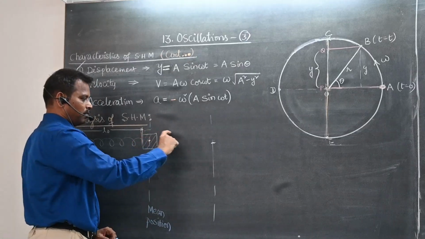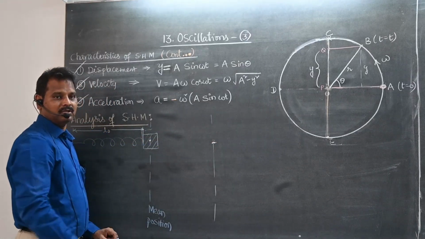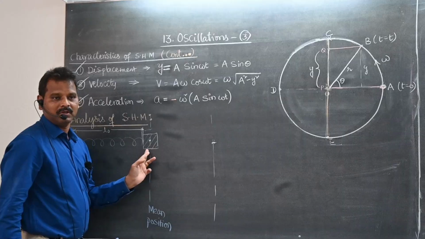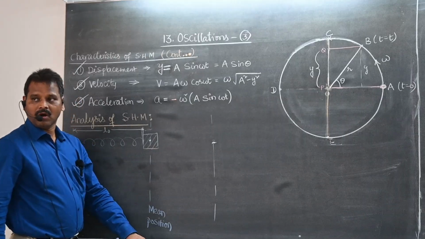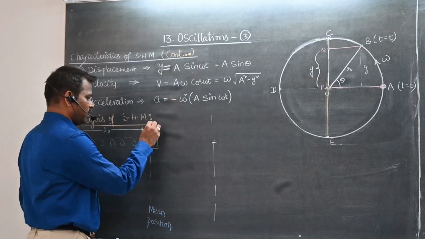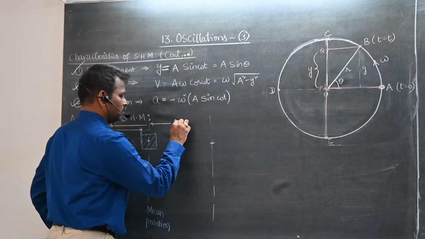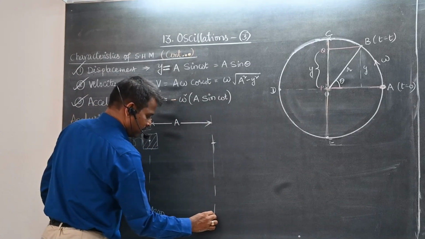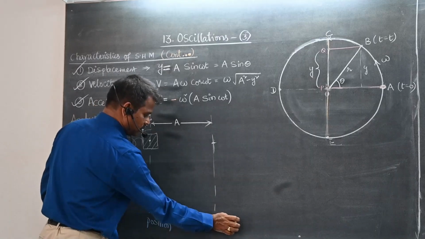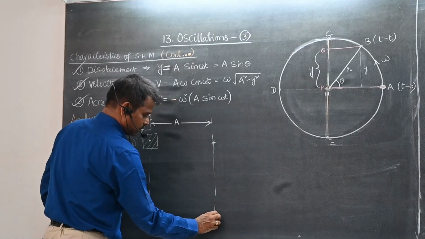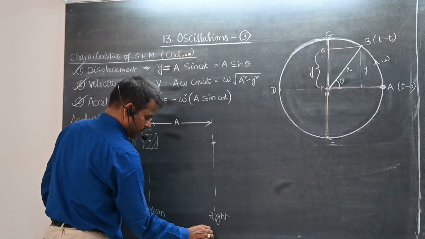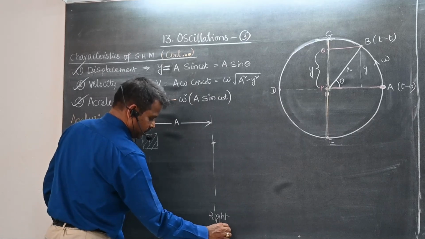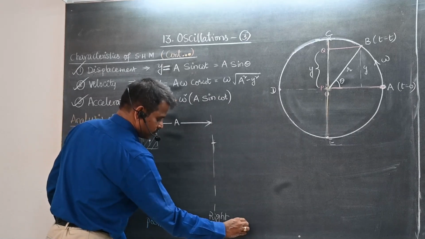I move this block from here to here and then release it. What is this maximum displacement? Can I call it amplitude? Can I call this position the right extreme position?